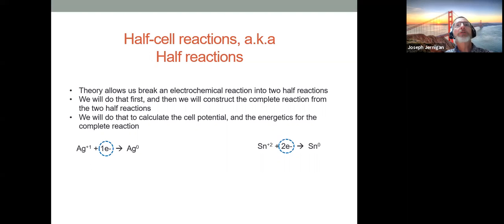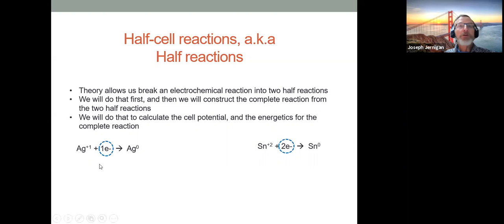It's going to Ag0, isn't it? So you've got a silver ion in solution, and that silver ion is being reduced by an electron. And then same thing on the right here. We also have Sn2+ being reduced to Sn0. Both cases are being reduced to their corresponding metals.